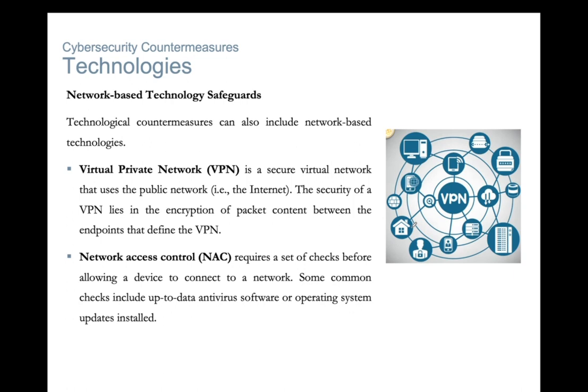The third network-based technology safeguard is wireless access point security, which includes the implementation of authentication and encryption. So this is the technology dimension of the cybersecurity countermeasures.